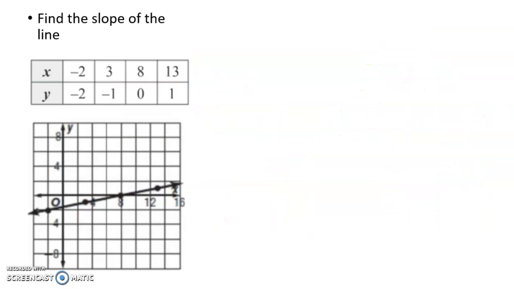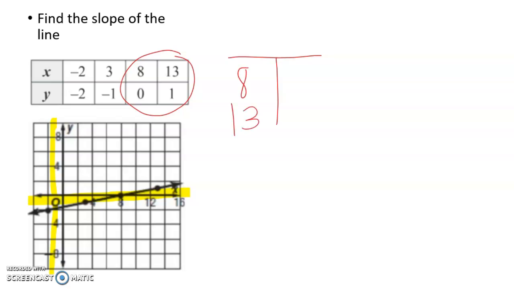On this one, I would prefer to use the table because notice that the graph is going by 2's. And so I am going to actually use the table, and I am going to use this one right here. I'm going to modify the table. I have an 8 and a 13 for my X's. I'm going to use the 0 and the 1 for my Y's.